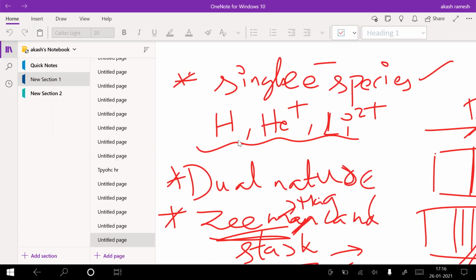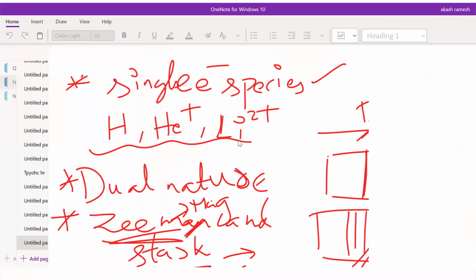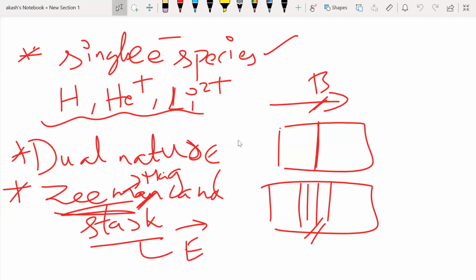Okay. So hope you all remember what we saw. We were seeing different theories of atomic structures, right? So we ended up with Bohr's theory. These are all the demerits of Bohr's atomic theory. It is going to work only for single electron species.